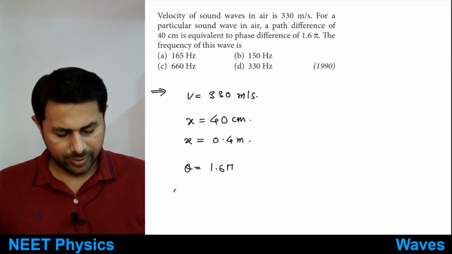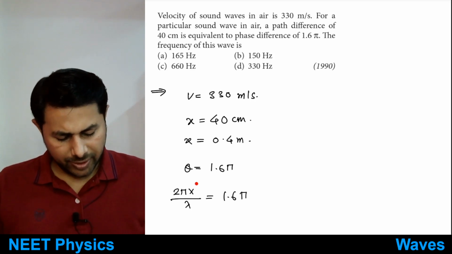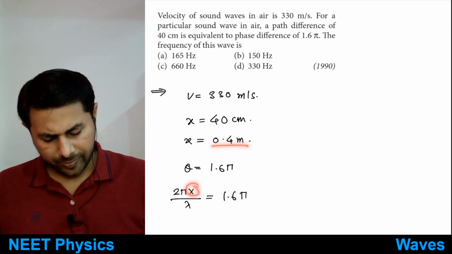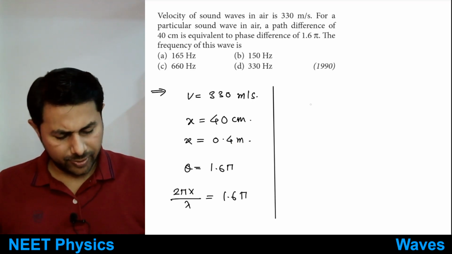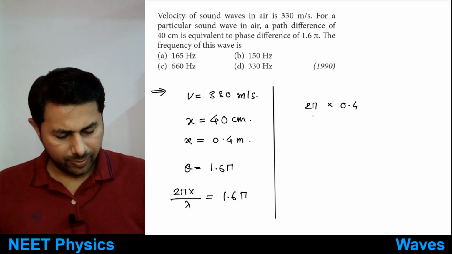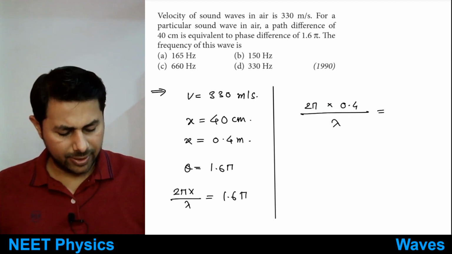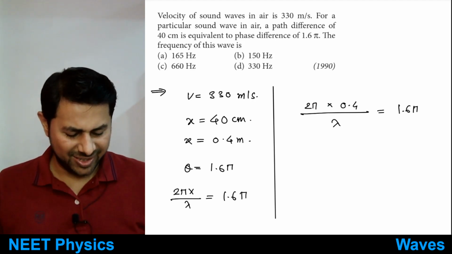It is 2 pi x by lambda, and that is 1.6 pi. What is x? So x is 0.4. So it is 2 pi multiplied with 0.4 divided by lambda is 1.6 pi.